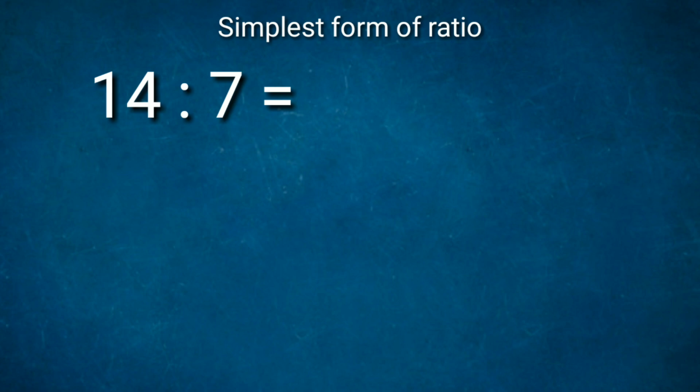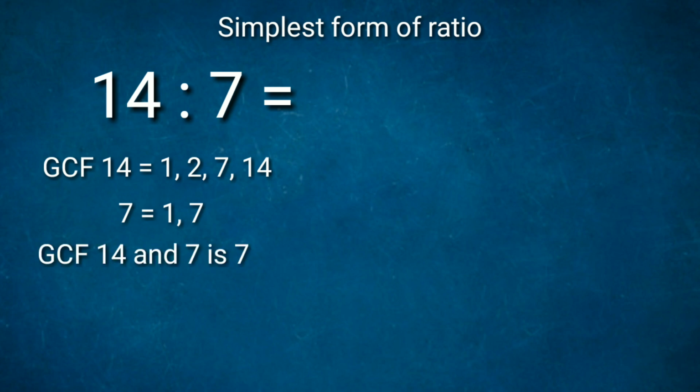Common factors of 14 are 1, 2, 7, and 14. Common factors of 7 are 1 and 7. So it means the greatest common factor of 14 and 7 is 7.